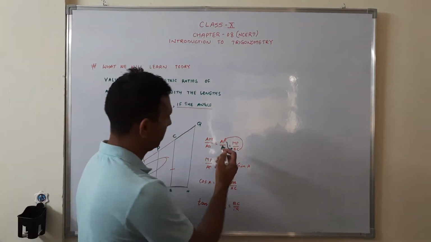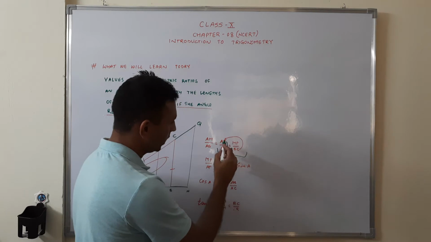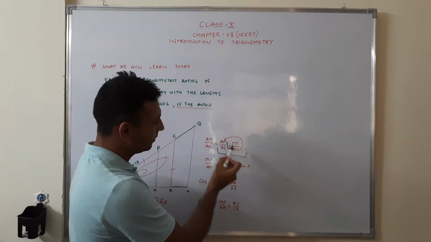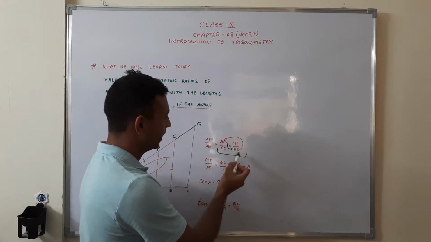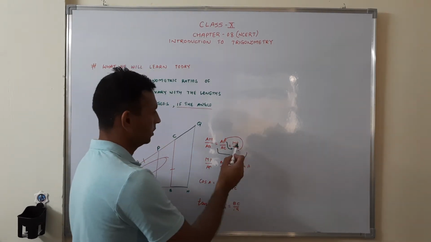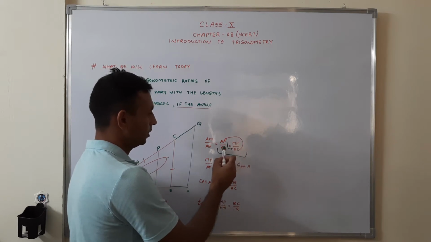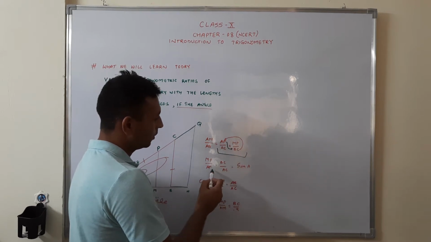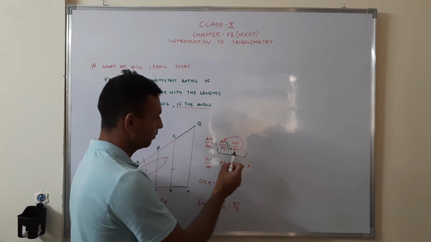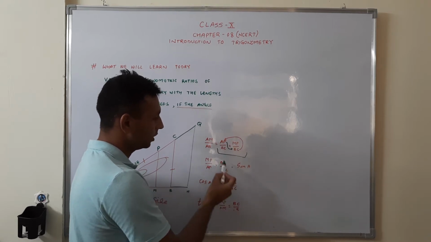I will consider these two: AP upon AC equal to MP upon BC. I want to keep this AP here and I will get this BC here. What will my ratio come as? MP upon AP is nothing but BC upon AC.